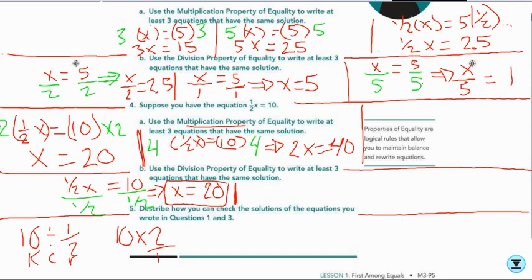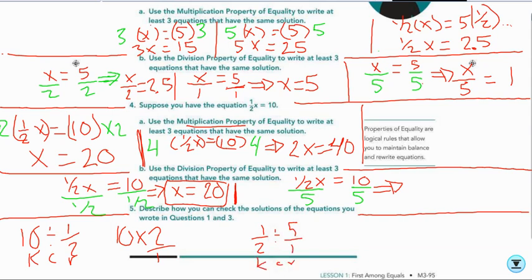Alternatively, I could say, what if I took half of x and I divided it by 5? I took 1/2 x equals 10. And I wanted to divide this by 5. This is going to give me 1/2 divided by 5 over 1.